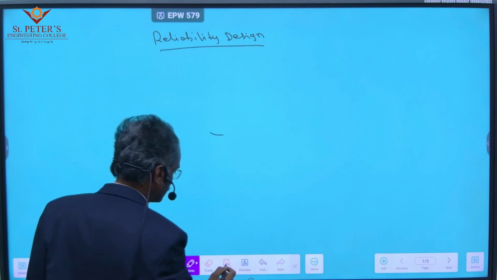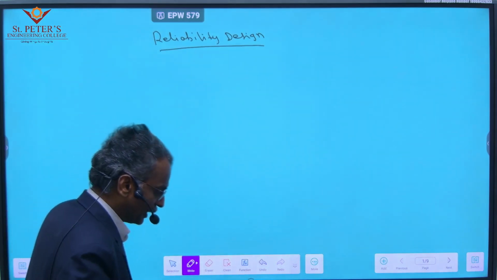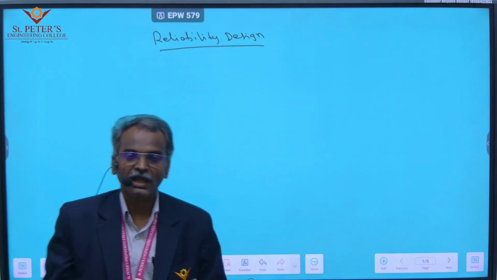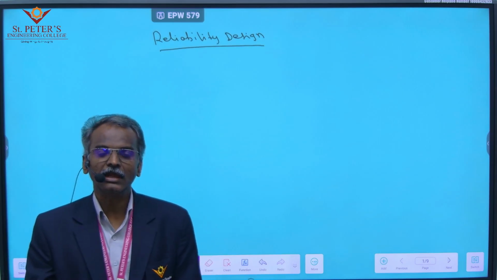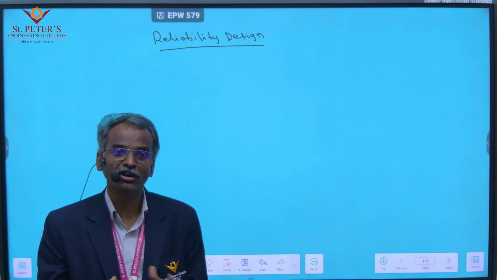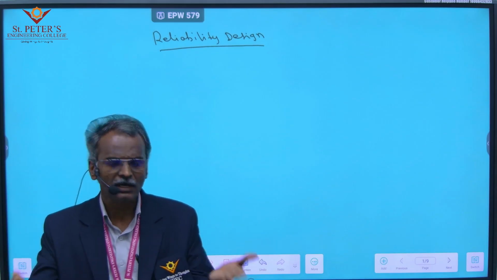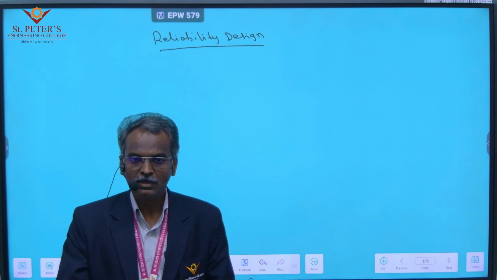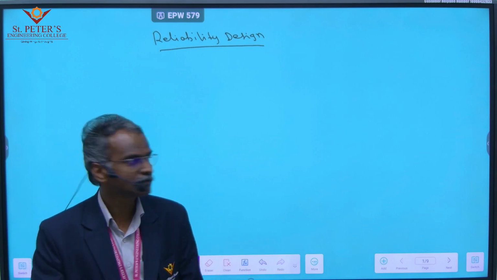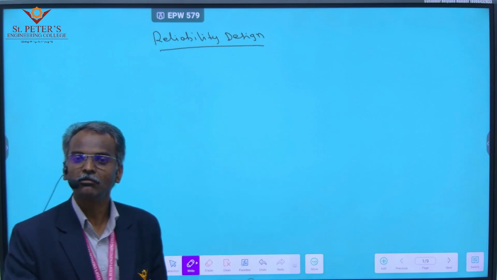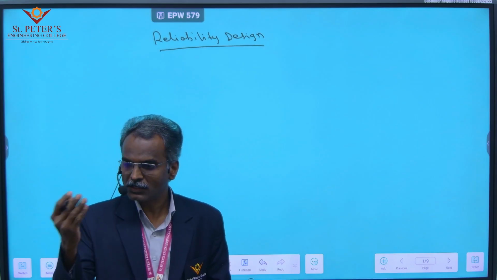Reliability design. So what is reliability design? For any given system, we need to depend on a number of devices. For example, if you take this setup of a studio, there are a lot of devices involved, like the camera, this board, the eraser that I'm using, and the lights.